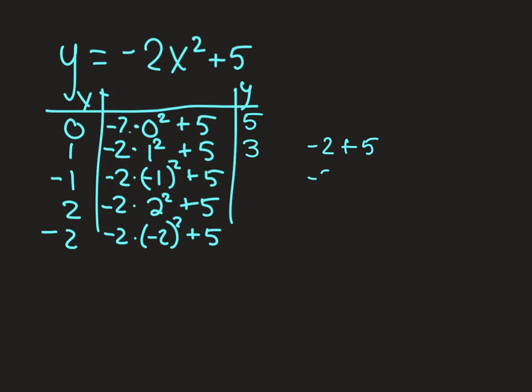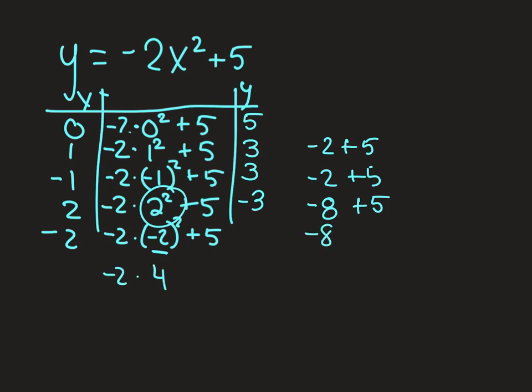Positive 1 times negative 2 is negative 2 plus 5. So I did get the same answer both times. Okay, 2 squared is 4. 4 times negative 2 is negative 8. Negative 8 plus 5 is negative 3. So when I do this guy, negative 2 squared is also 4 times negative 2 is negative 8 plus 5 is negative 3. All right, now I'm ready to graph my answers.